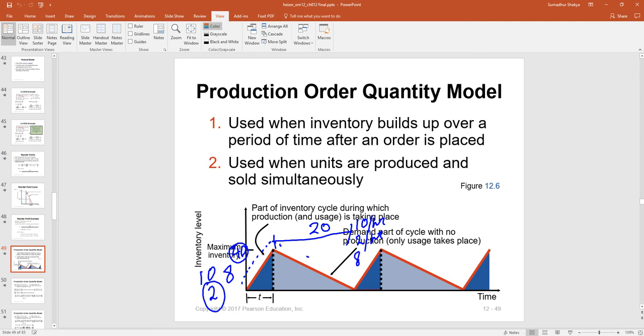Your net addition is 8 cookies per hour, and by the time you reach the maximum level of 40, you stop producing, but you keep consuming at the rate of 2 cookies per hour. So this is the production and depletion example, the example when production and depletion are happening simultaneously.